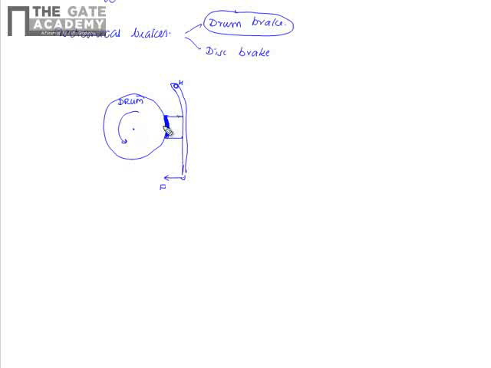This friction force tries to retard the motion of the drum, and causes a braking torque about the center of the drum. This is the braking torque of the brake.